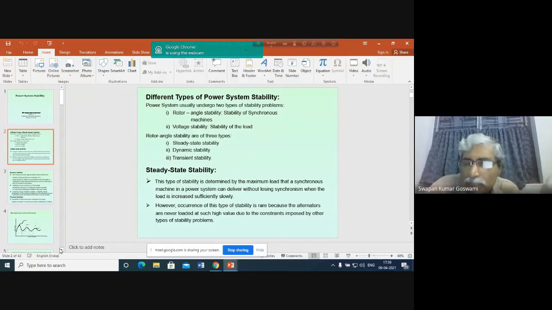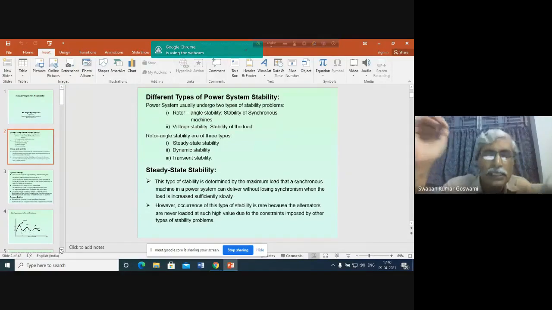People then defined stability as the ability of the system to maintain synchronous operation after a disturbance. Because when a disturbance of active power occurs, only then the frequency changes, and only then the speed of the generator changes.